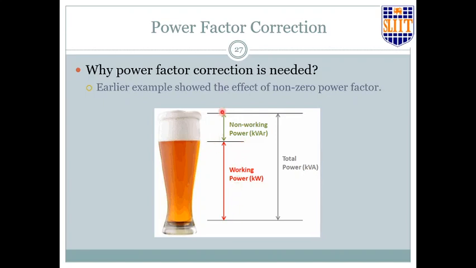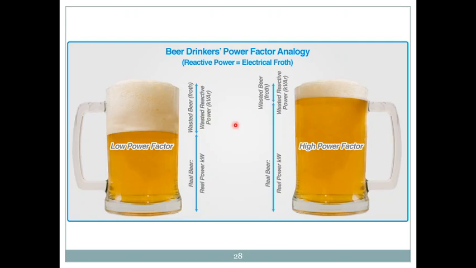The apparent power is actually a waste. You can't use that apparent power to get some work out of it. So the next slide shows a comparison between these two.